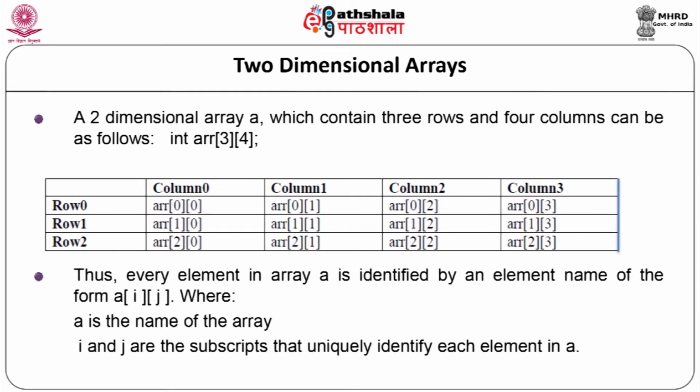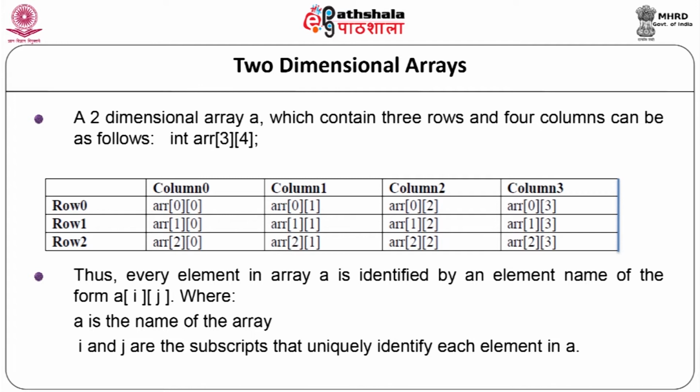Now let us see an example of a two-dimensional array. Suppose we declare the two-dimensional array as int r[3][4]. This is a declaration of a two-dimensional array which consists of 3 rows and 4 columns. It can be shown diagrammatically as column 0, column 1, column 2 and column 3, and there are 3 rows: row 0, row 1, row 2.